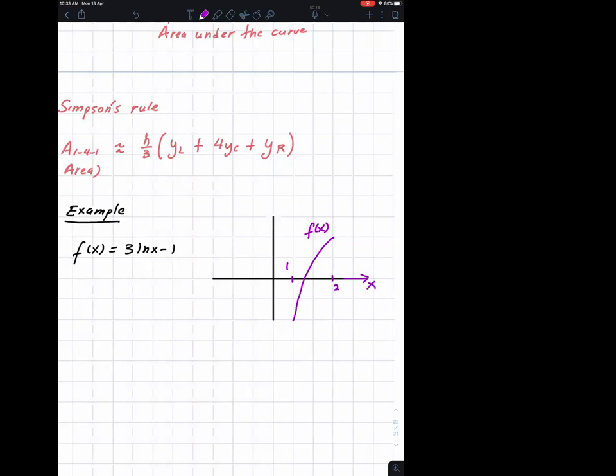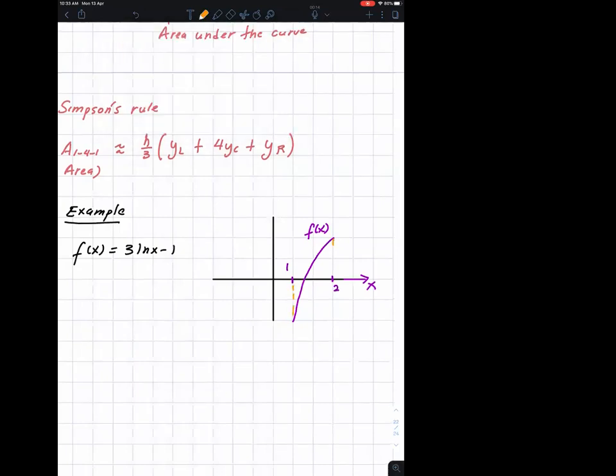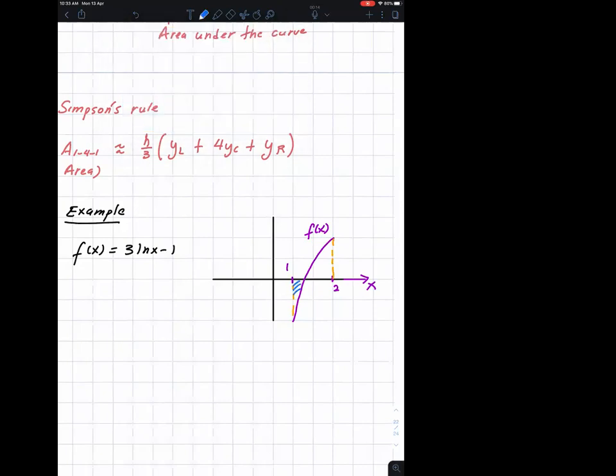You have two areas here: one tiny area, a negative area and a positive area. We can find this area using Simpson's rule.